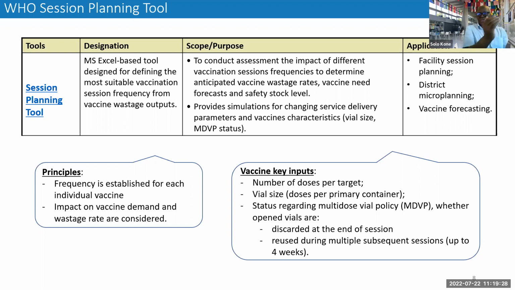So if I have this type of vaccine, let's say measles, 10 dose, 5 dose, or 2 dose, and I make my frequency of sessions daily, weekly, or monthly, that will be the wastage I can expect. So this is the purpose. It will conduct the assessment by providing different scenario options; different session frequencies can be put in and you see the output.